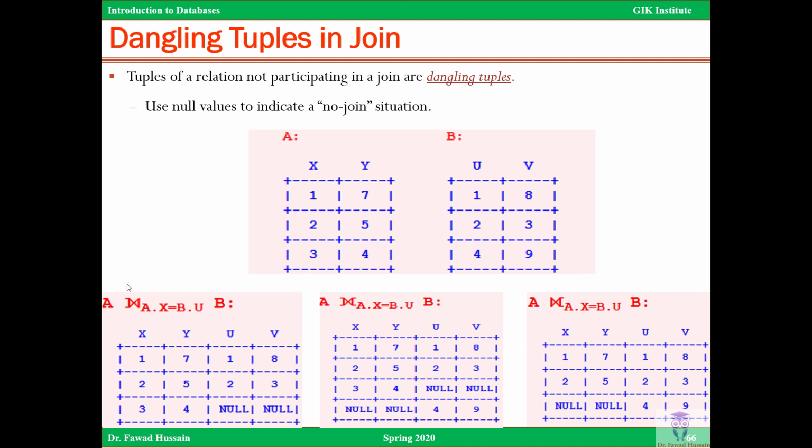So this is the left outer join, this is the right outer join, and this is the full outer join. These rows here are known as the dangling tuples. A tuple is a row. So a dangling tuple is a row with no corresponding entry.